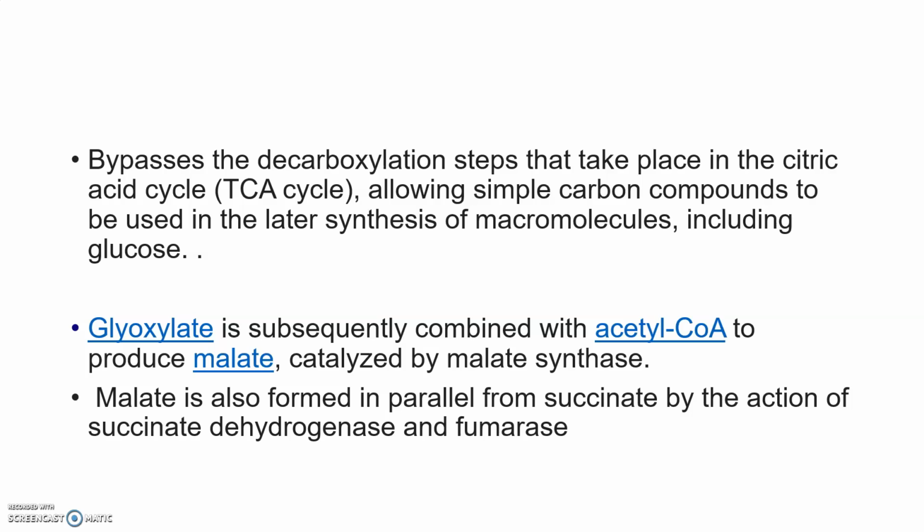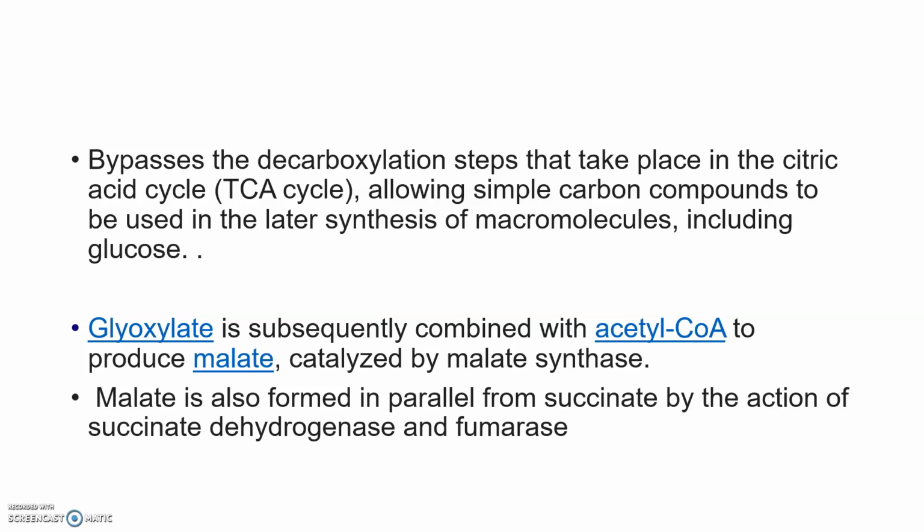And it bypasses the decarboxylation steps that take place in the TCA cycle or citric acid cycle, allowing the simple carbon compounds to be used in the later synthesis of macromolecules, that means big molecules, including glucose.